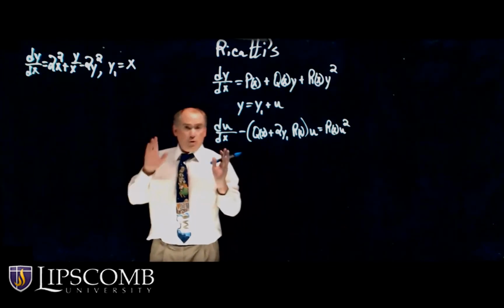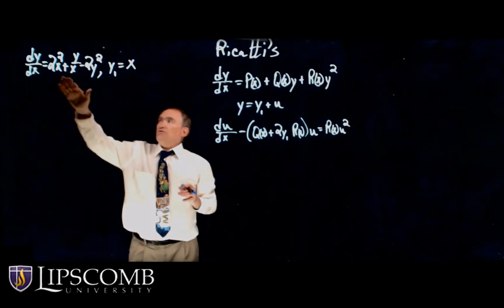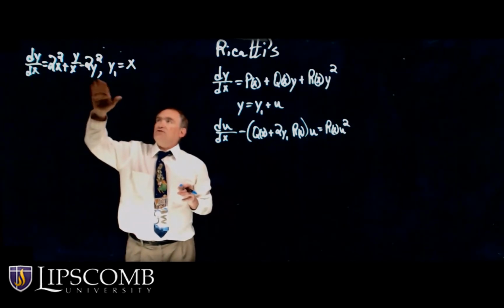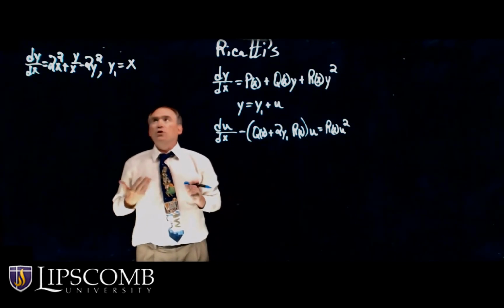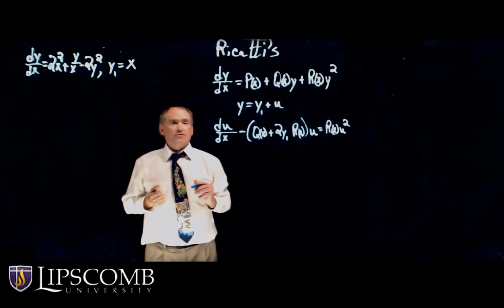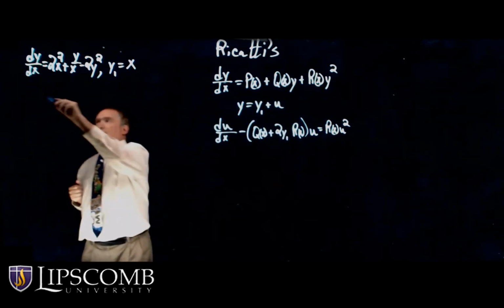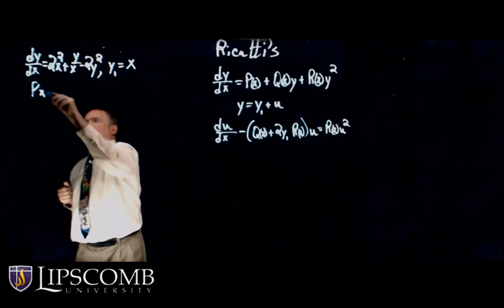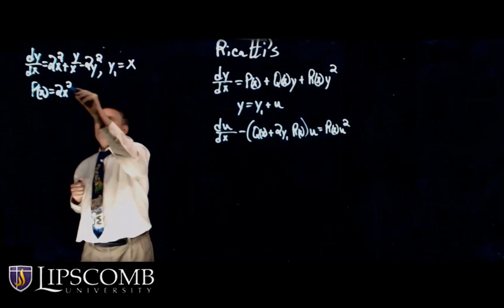So I want to do one example. I have dy/dx equals 2x squared plus y over x minus 2y squared, and I'm given the particular solution y sub 1 equals x. So I want to make sure I have it in this form. So p of x, as you see, is the 2x squared.